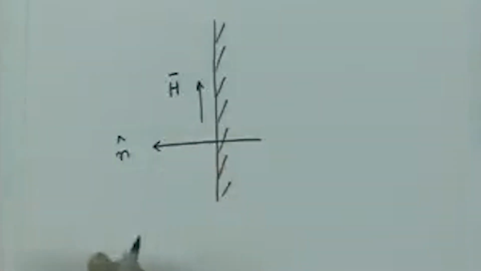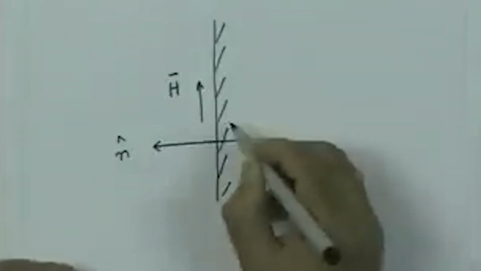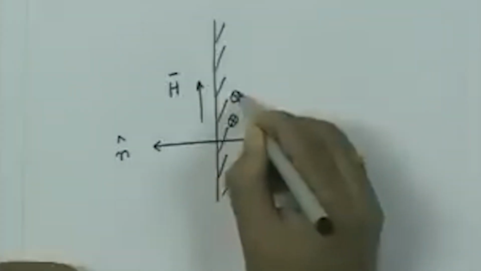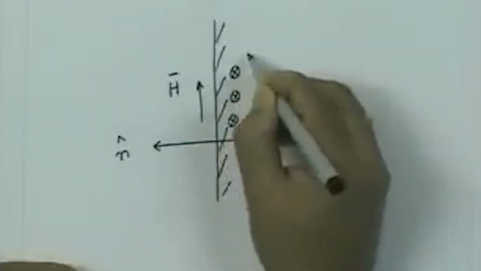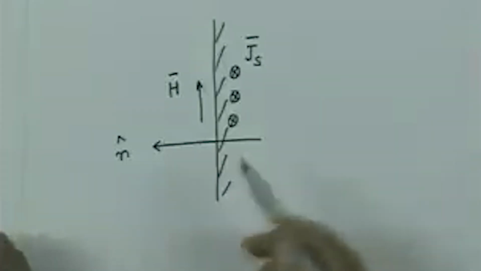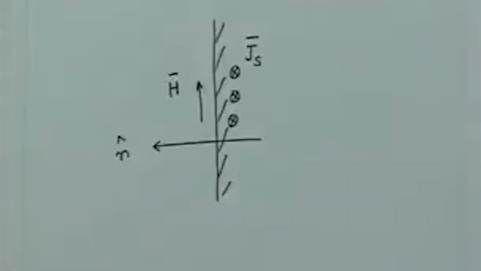So, if my finger goes from n to H, the direction of the current will be inverse. So, essentially there will be a linear current going inside the plane of the paper. This is the linear surface current density, that is what we talked about when we discussed the boundary conditions.